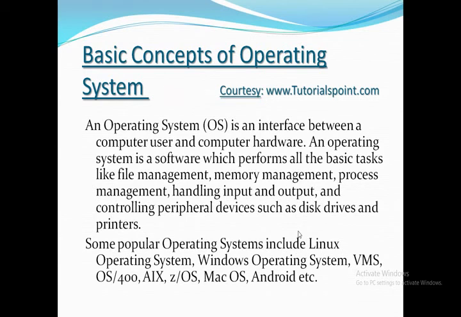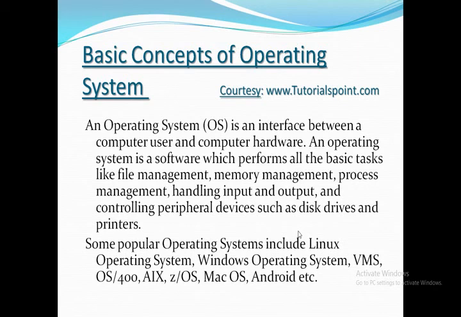So an operating system is an interface between a computer user and computer hardware. An operating system is a software which performs all the basic tasks like file management, memory management, process management, handling input and output, and controlling peripheral devices such as disk drives and printers. So, operating system is the main system in a computer which interfaces between the user and the computer hardware.